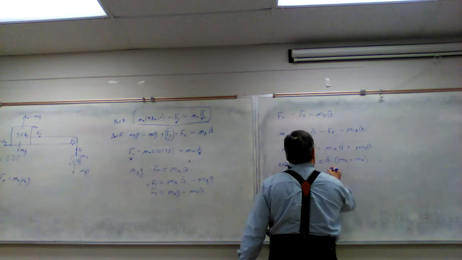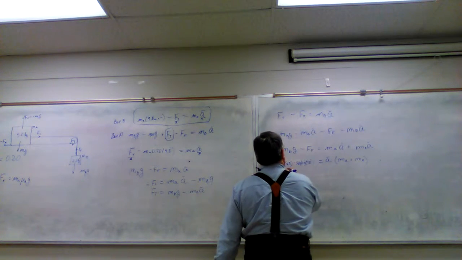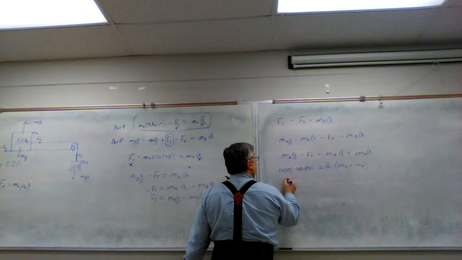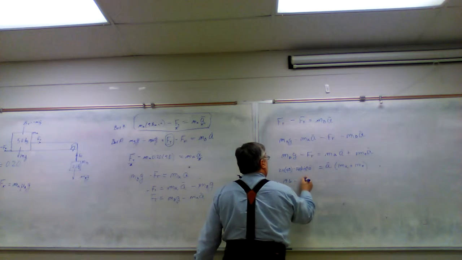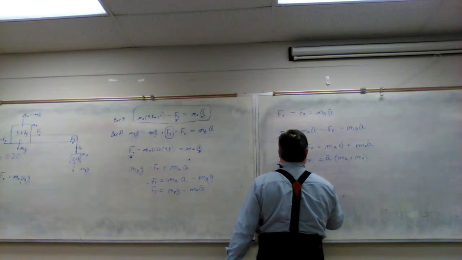And that's equal to A times, so somebody do the arithmetic. 2 times 9.8. Okay, 5 times 0.2 times 9.8.